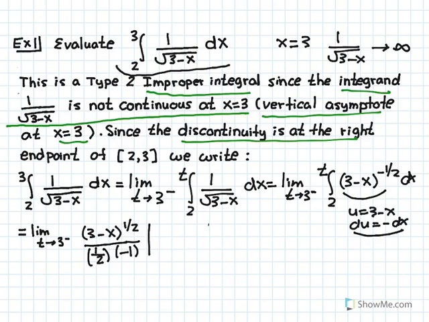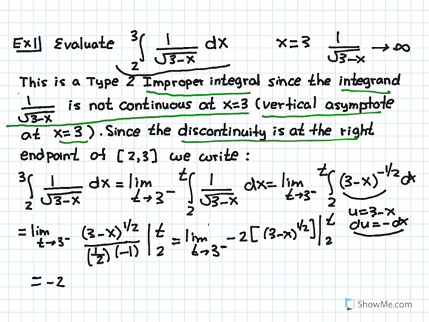And evaluating from 2 to t, we get the limit as t approaches 3 from the minus side. Simplifying, we get minus 2 times 3 minus x to the power of 1/2, evaluated from 2 to t. So now let's put the upper and lower limits in.